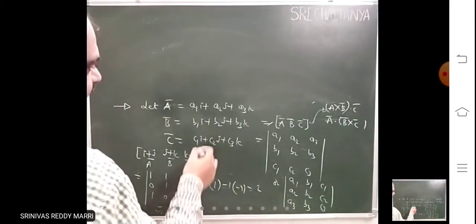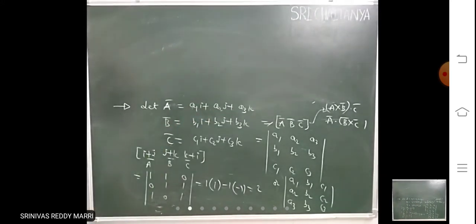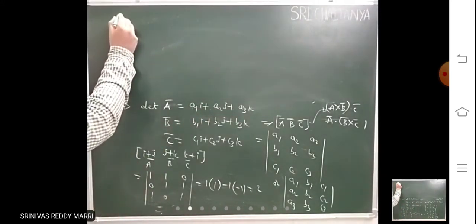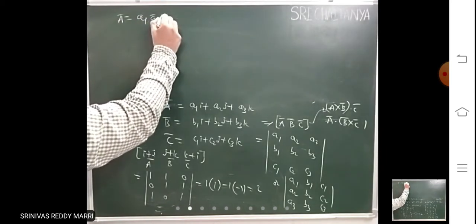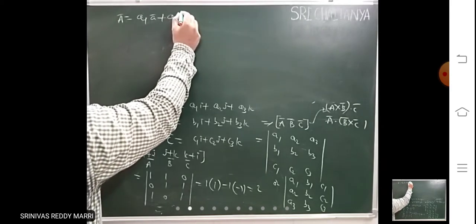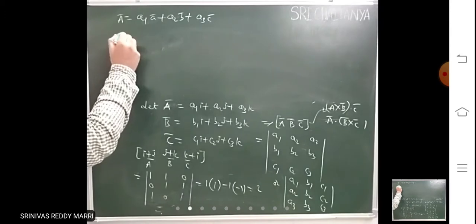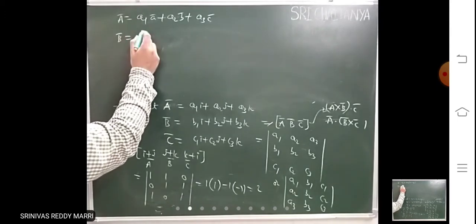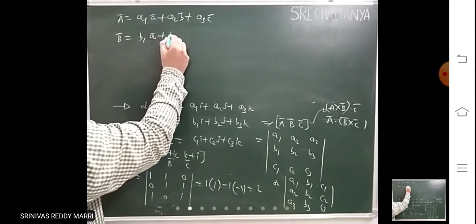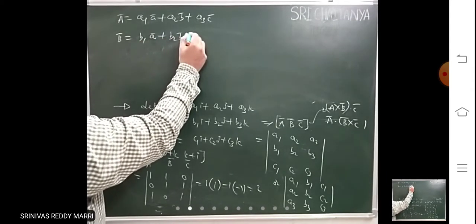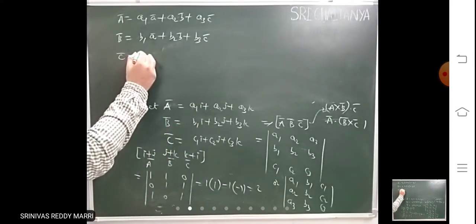Suppose here A bar is a linear combination of i, j, k. In some cases vectors will be given like this: A1 A bar plus A2 B bar plus A3 C bar, and B bar will be given like this, B3 C bar, and so on.